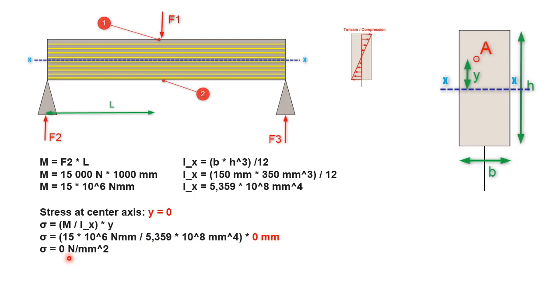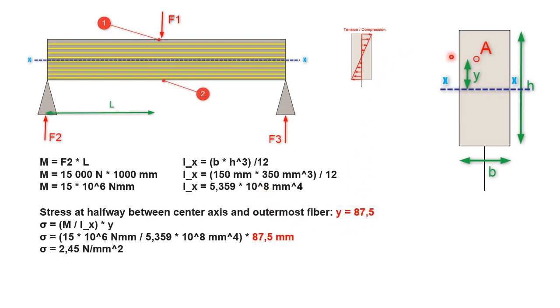In the next example, we are just going to do the same again and calculate the stress halfway between 0 and the outermost fiber, which is at point y of 87.5. We do the same, and we see that the stress here is 2.45 Newton per millimeter squared.